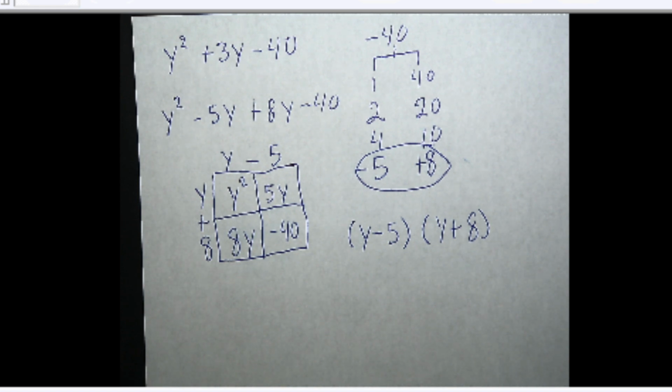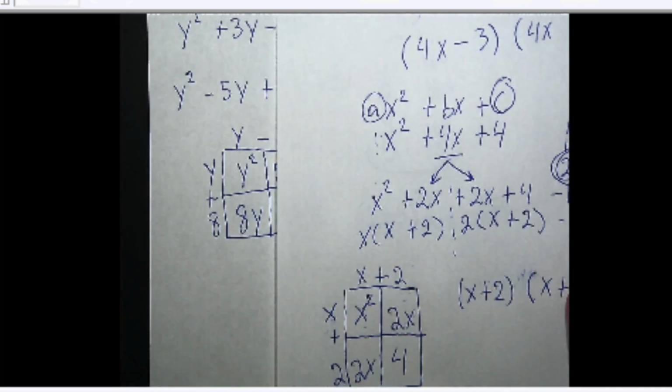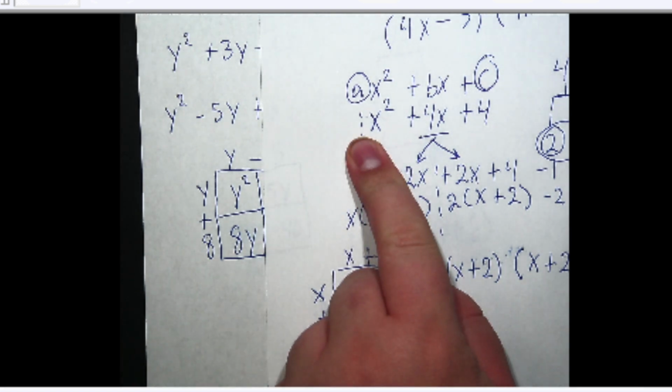Now, the other thing that is similar about these two problems we just did is, what is our leading coefficient for both of them? What is our A term? Well, what is it? 1. Same thing here.